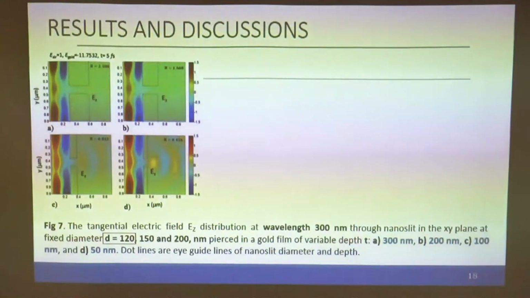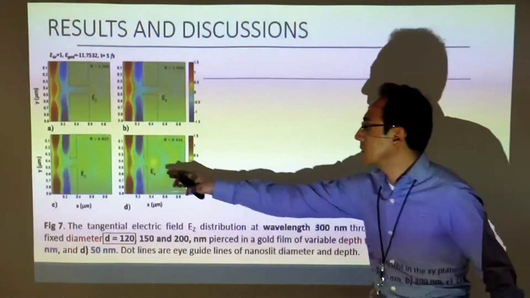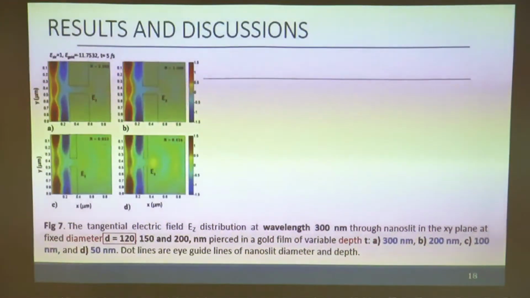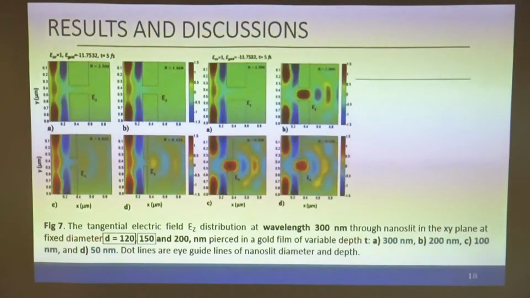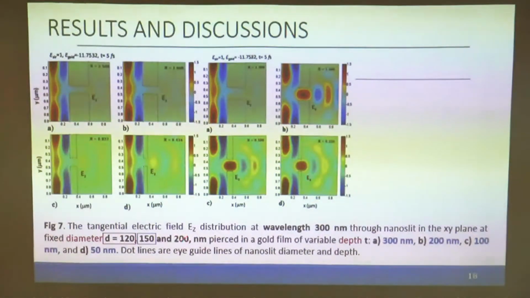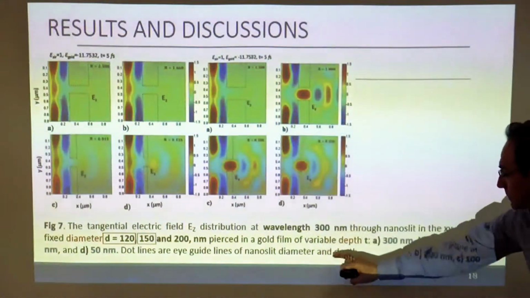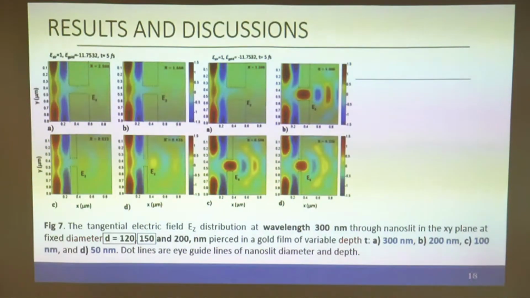So you can see here that it's not an extraordinary optical phenomenon, but I move to the other one that's 150, and you can see here in the slits the extraordinary optical transmission inside of the nanoaperture. Actually, the nanoaperture I'm doing, I try to say like eye guidelines.